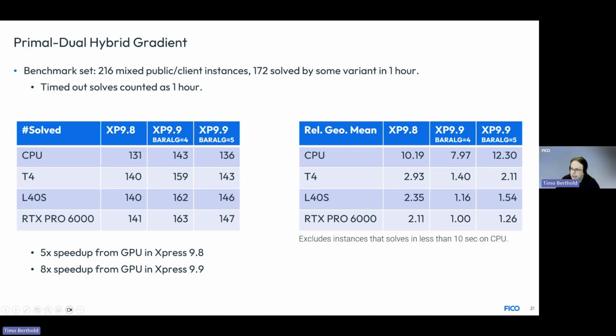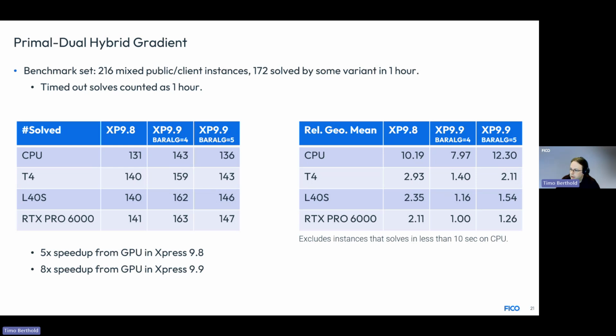We ran this with a 1 hour time limit, which is fine for the GPU versions. You could say it's a bit tight for the CPU. Some problems that take a couple of hours on the CPU, the GPU would solve well in under an hour. So in a sense, it's a bit biased in favor of the CPU, since we count the timeouts at exactly 1 hour.